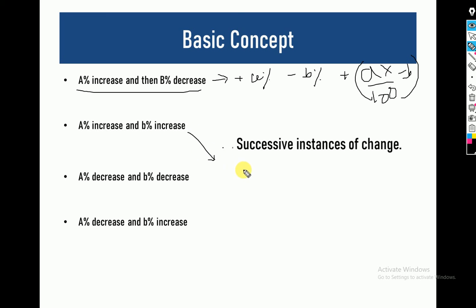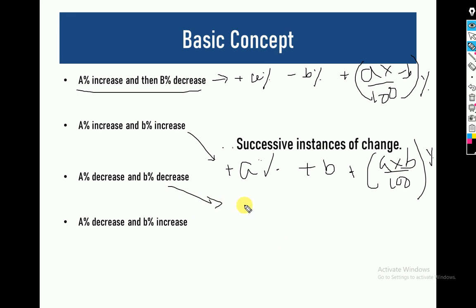Similarly, for a percent increase and b percent increase, it will be a plus b plus a into b by 100. It's all in percentage. And for both decreased, it is minus a minus b plus minus a into minus b by 100.